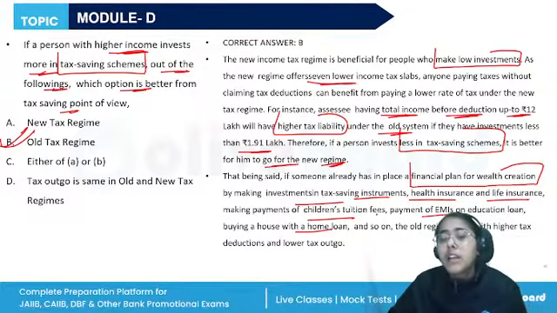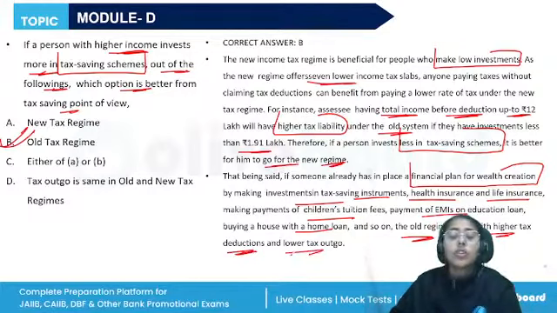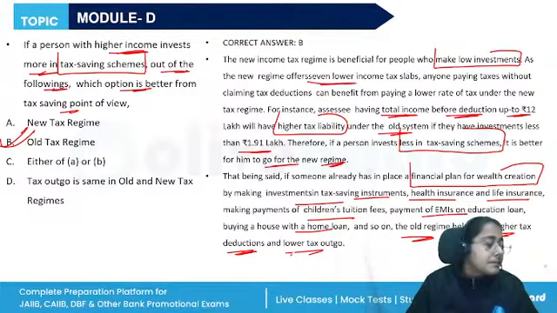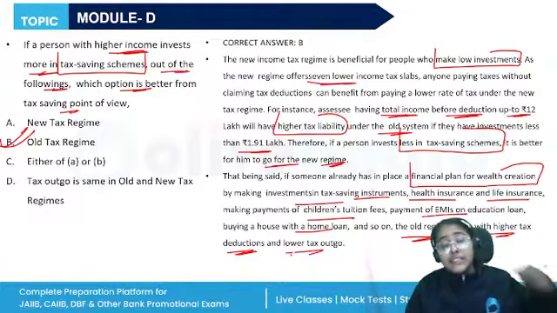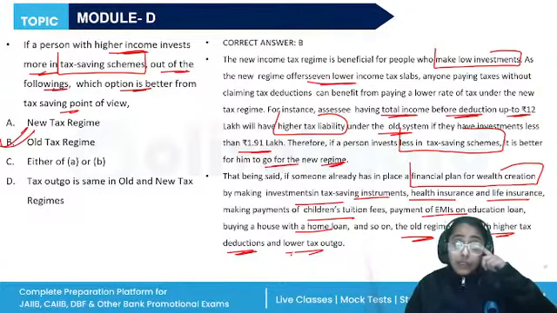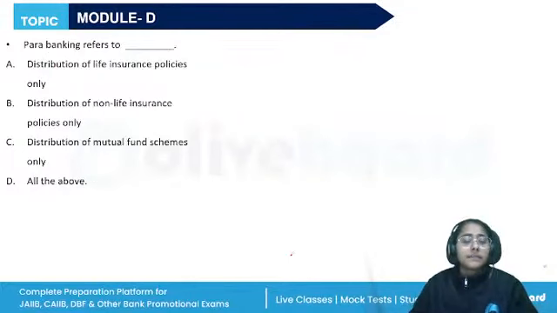So for them, the old regime helps with higher tax deductions and lowers the tax outgo. So whether you are investing in more tax saving schemes or not, this will help you decide between the new tax and the old tax regime.